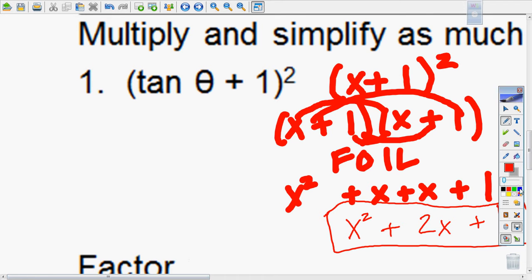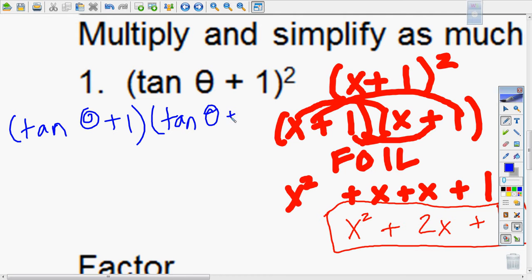Here we go. So the same thing we did here is the same thing we're going to do here. The only difference is instead of working with an x, you're working with tan theta. It says tan theta plus 1 squared. So that means I have how many of them? 2. So I have 2 tan theta plus 1.